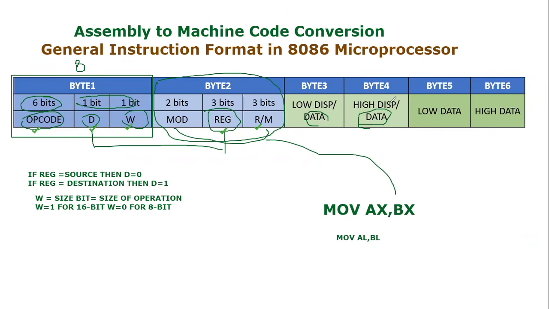And in case we are given displacement and data both, first we will show the lower displacement, then higher displacement, then lower data and higher data. So these 4 bytes are related with the displacement given in the instruction and the immediate value. I hope we have explained it clearly.